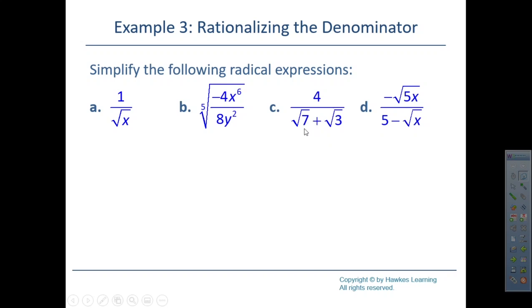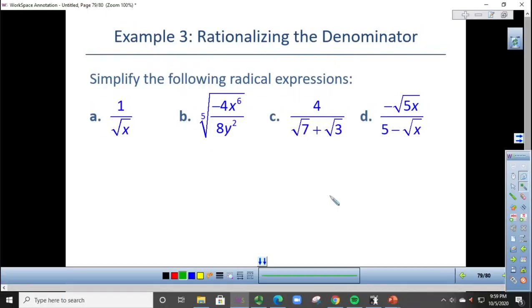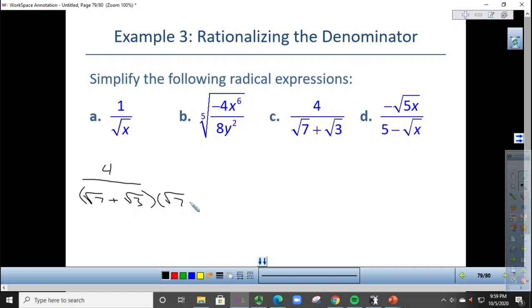So since this is the square root of 7 plus the square root of 3, the conjugate is the square root of 7 minus the square root of 3. So if I have 4 over the square root of 7 plus the square root of 3, I'm going to multiply this by the square root of 7 minus the square root of 3. Whatever I do in the numerator, I do in the denominator, and vice versa.